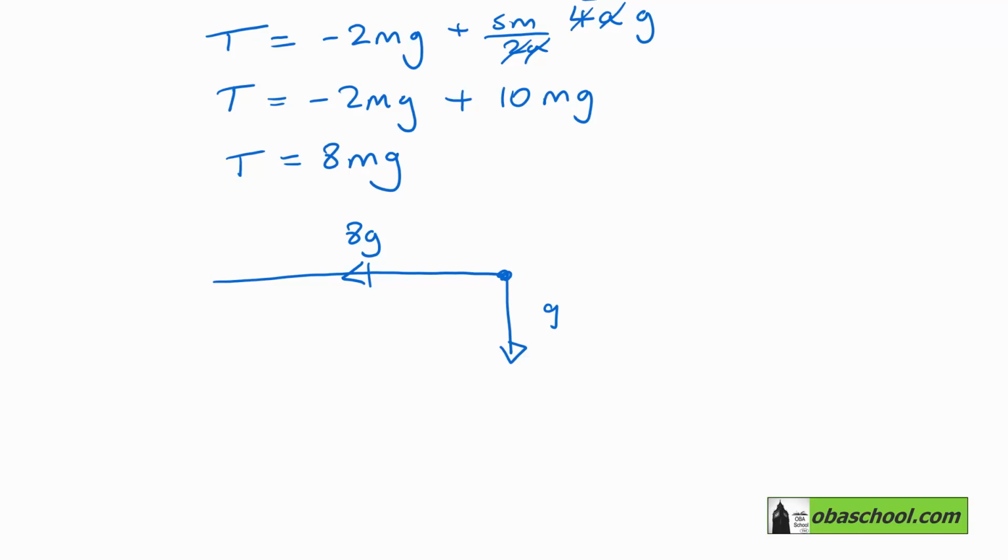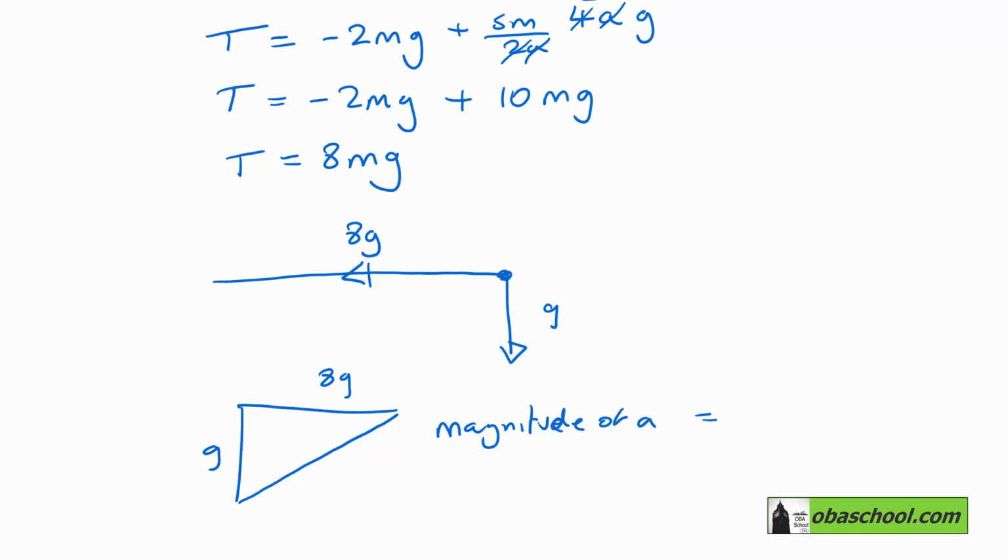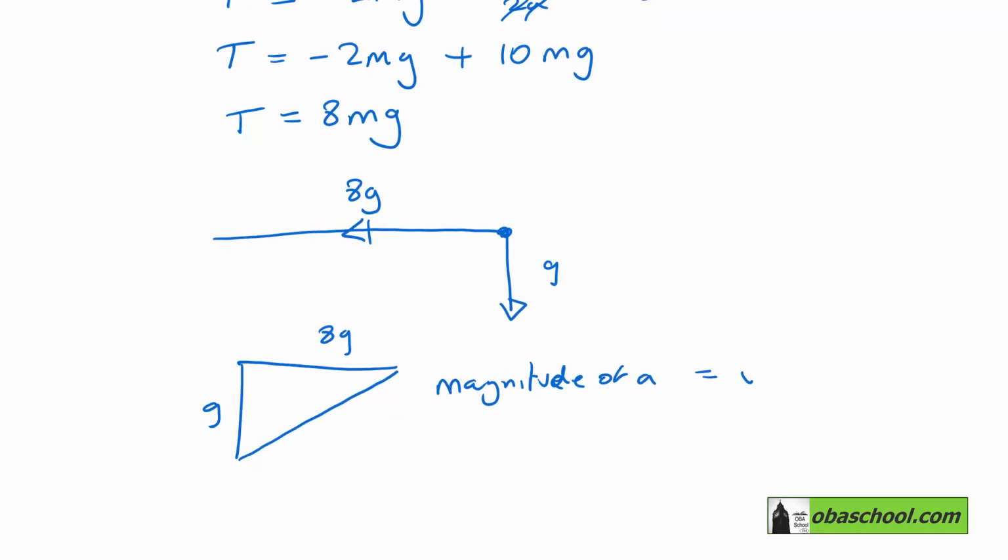And so if we think about that as 8g and g, then the magnitude of the acceleration is just going to be Pythagoras. It is going to be root 8 squared plus 1 squared g, which is root 65 g.